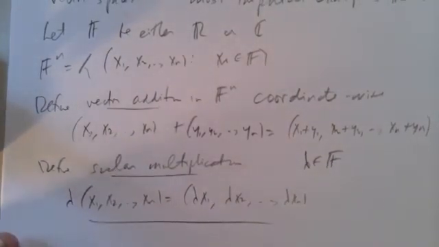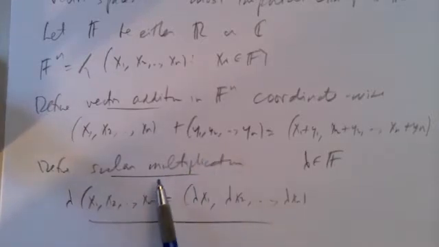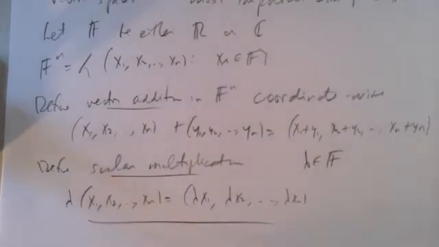So this is just one example of a vector space, Fn. You have addition of vectors defined coordinate-wise and scalar multiplication defined coordinate-wise. Right? So any statement about vector spaces in general has to be true for these vector spaces in particular.